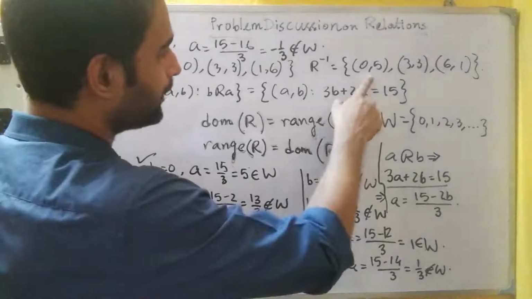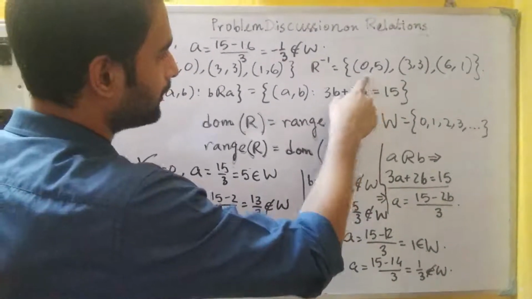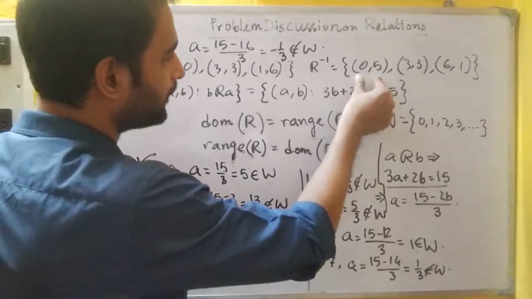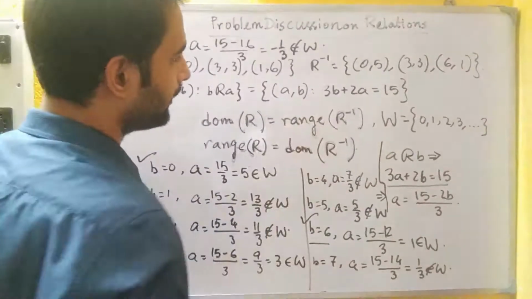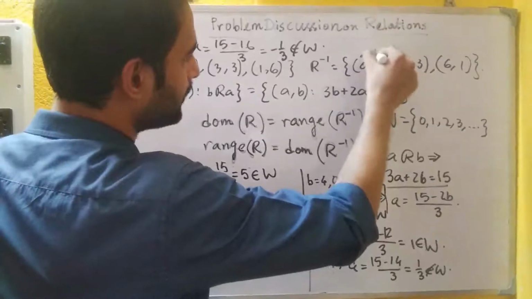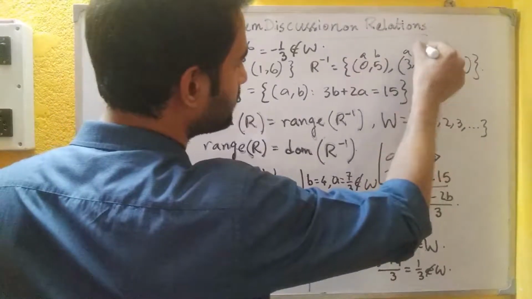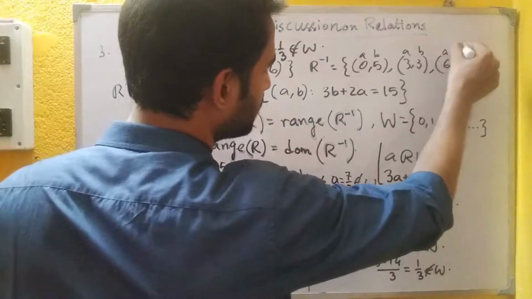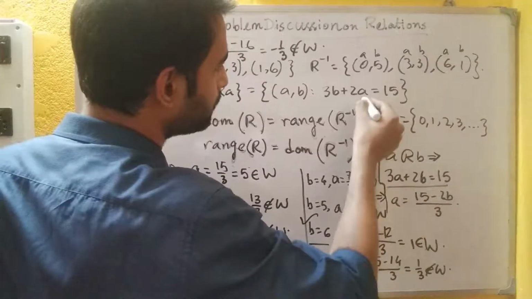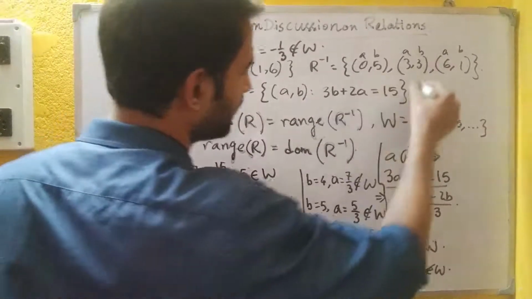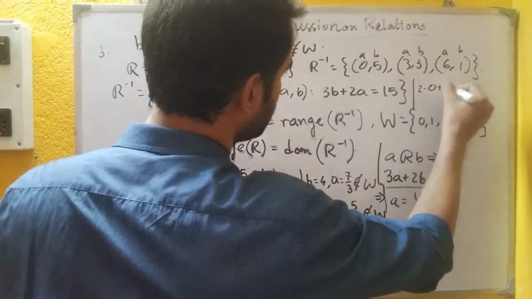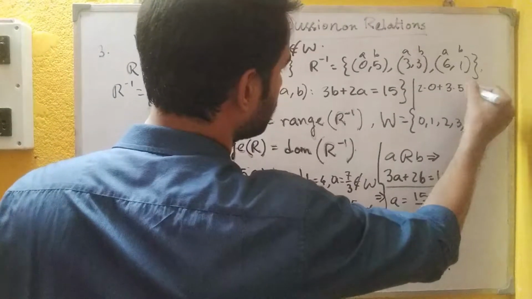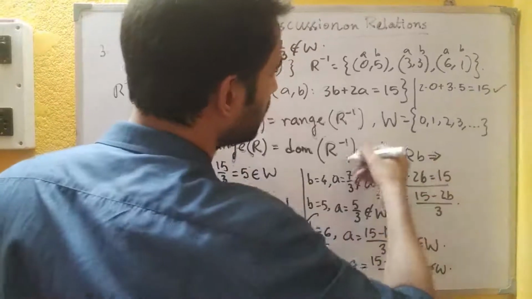And you can verify it from here now. These are the ordered pairs and you have to put them here in the form (A, B). In this case A is 0, B is 5. Here A is 3, B is 3. Here A is 6, B is 1. So let us verify it here. That means 2 into 0 plus 3 into 5 equals 15. It is verifying.